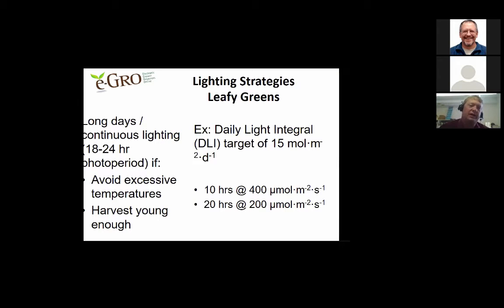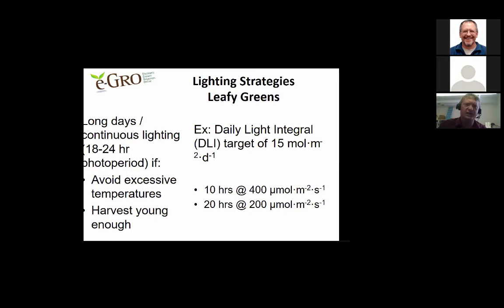So if we're growing in a sole source lighting application, it's common to light for, say, an 18-hour period. We've even in our research had success lighting 24/7, so continuous lighting with these vegetative crops, so long as we're avoiding excessive temperatures and harvesting them when you're young enough.